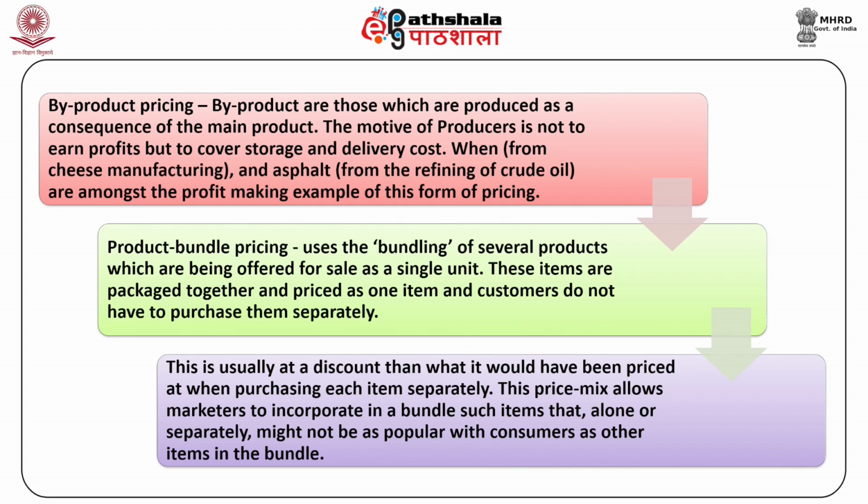The manufacturers of cheese often have a byproduct called whey water, and similarly from crude oil, when the distillation process is done, then we have asphalt which is used for laying of the metalled roads, and these are some of the examples of byproducts.